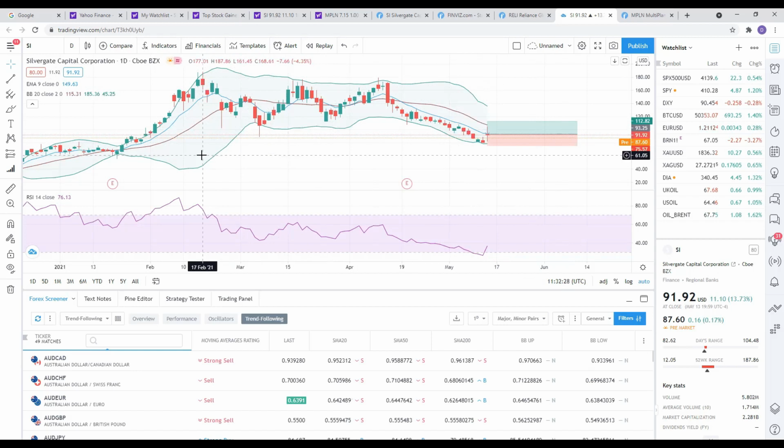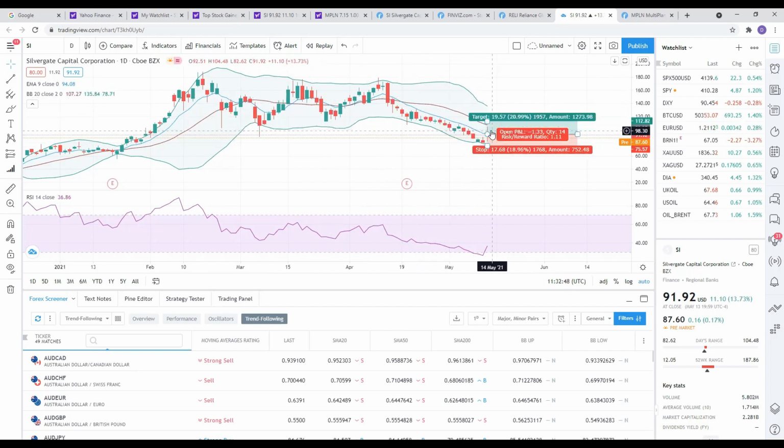Now, I did some additional analysis right here. I looked at the Bollinger Bands, the moving average, and the relative strength index. These are technical analysis indicators. I use the Bollinger Bands for a Bollinger Bands bounce strategy. I use a moving average to help filter out a potential price crossover. A price crossover occurred right here.